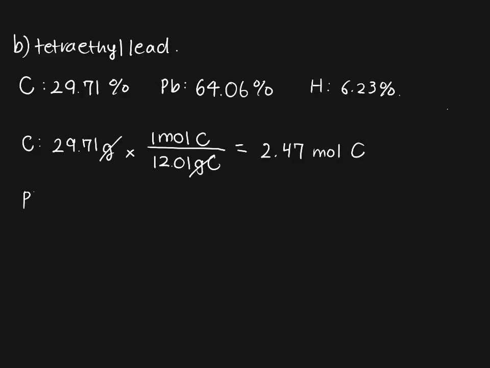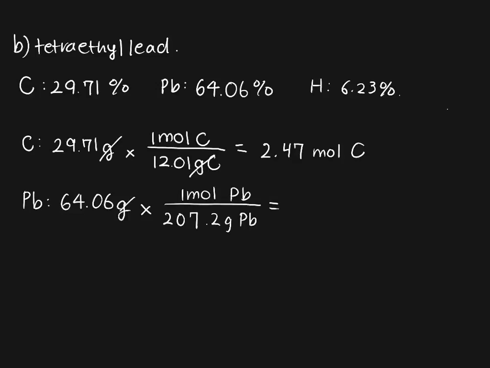And then Pb, 64.06 grams times 1 mole over 207.2 grams Pb. Grams again cancel, and then we get 0.309 moles of Pb. If you want to find the molar mass of Pb, it's number 82 on your periodic table.